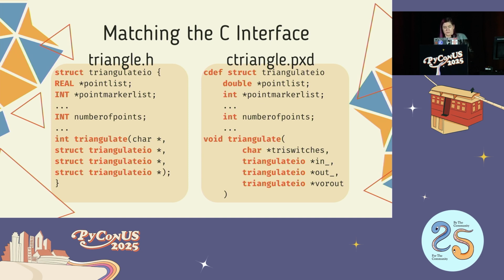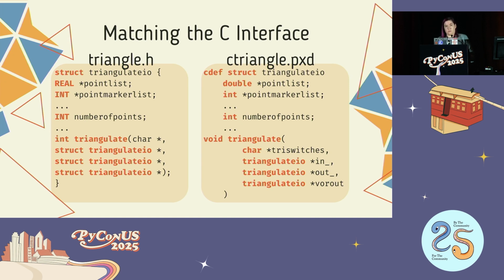You do need to concern yourself with pointers when you're working with Cython, so those asterisk characters represent a pointer to a struct. I went from a struct in triangulateio to a cdef struct. Reals are mapped to doubles, ints are mapped to ints, and then you can see that you've got a struct triangulateio, but I could just declare that as a triangulateio within the function signature.